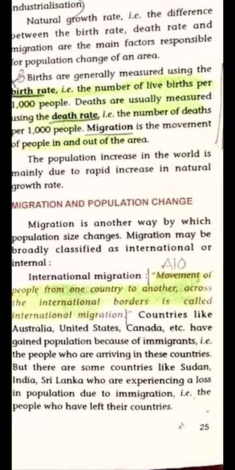Emigration, immigration. So when President Trump says that he will not allow immigrants, he means that he will not allow people from other countries to come into his own country, the United States. Is that clear? Okay. We move to the next page.